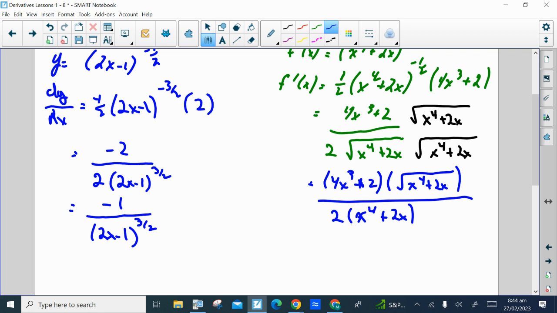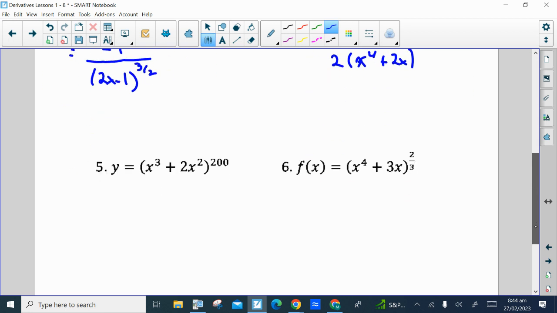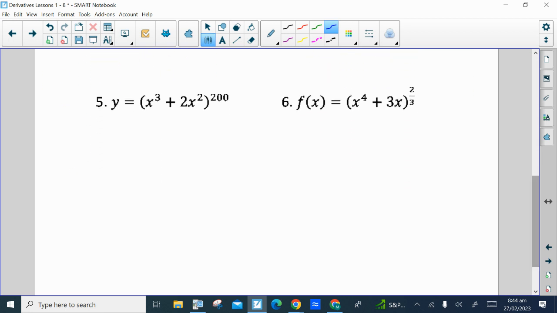And there's nothing we can do to simplify this. Remember, you have to be able to cancel entire factors, not parts of terms, but entire factors. Okay? Doesn't matter what the power is, the rule is the same.